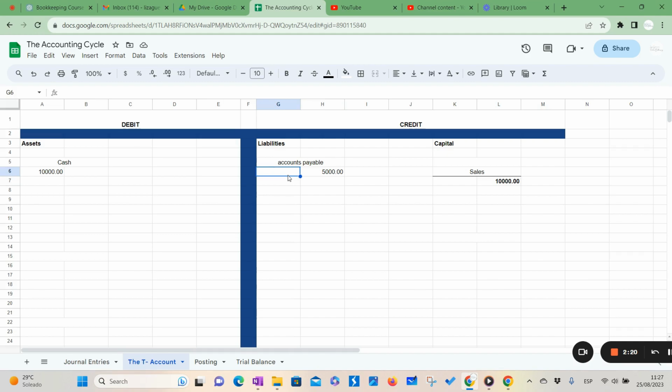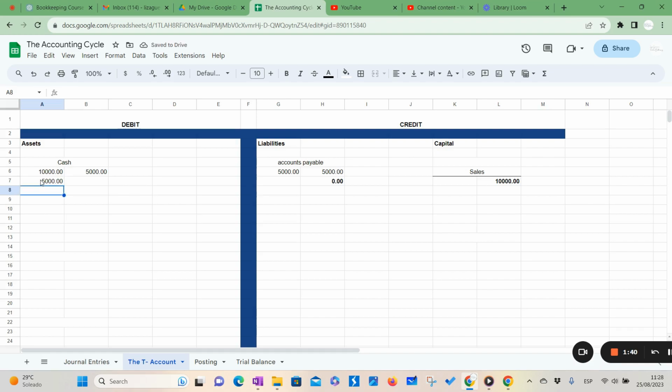But if you paid, for example, the whole amount of 5,000, you will debit the account. Okay? So let's say you'll debit accounts payable and credit cash. Okay, so now you have zeroed out your accounts payable, and that is the balance of your accounts payable. And for your cash, you have to get the difference, the debit and credit. So that would be 5,000.